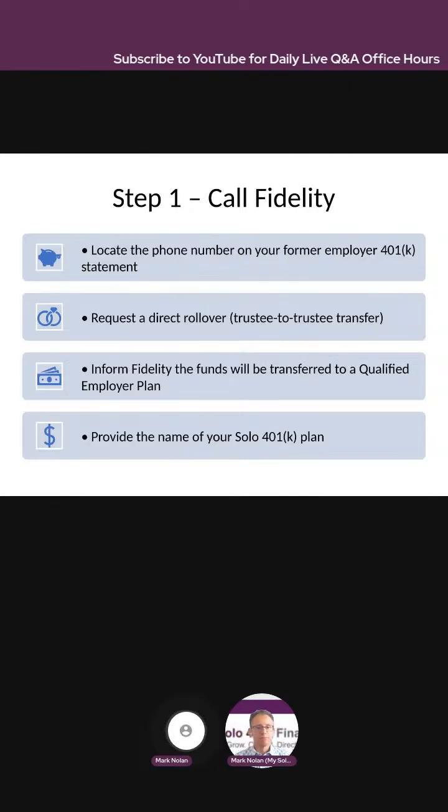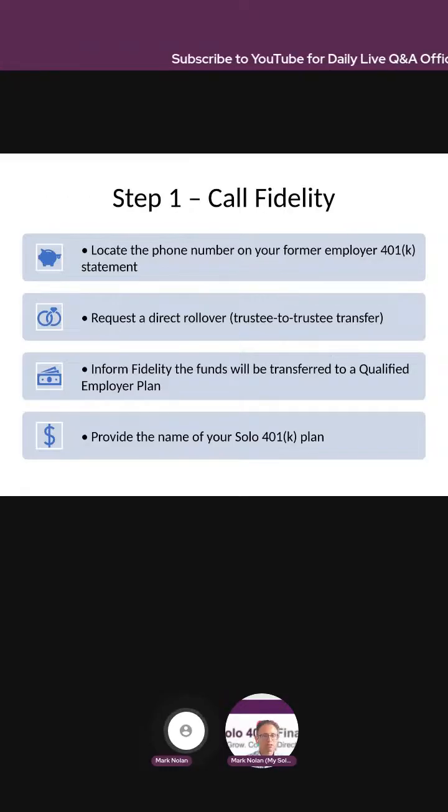As far as how to make the check payable instructions, you're going to want to ask Fidelity Investments to make the check payable in the name of the solo 401k FBO, which stands for the benefit of, and then your name. So if your plan is called the ABC Consulting Solo 401k and your name is John Smith, the check would be made payable to ABC Consulting Solo 401k plan FBO John Smith.